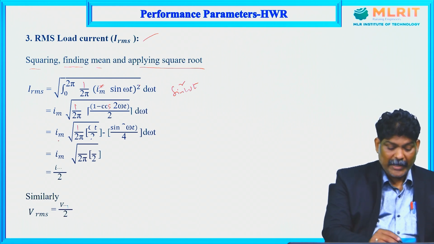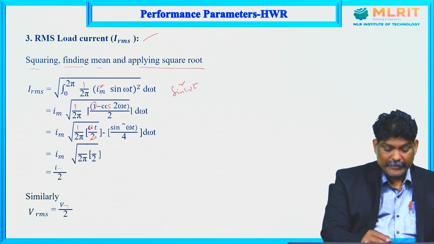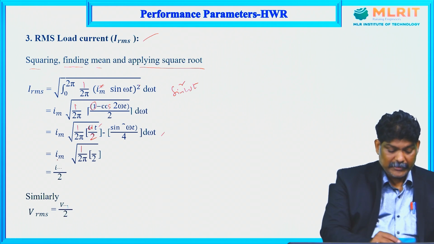So therefore Im root of 1 by 2 pi, integral of (1 minus cos 2 omega t) by 2 d omega t, which gives omega t by 2 minus sin 2 omega t by 4. So finally you will get Im into 2 pi, then it is given by Im by 2.